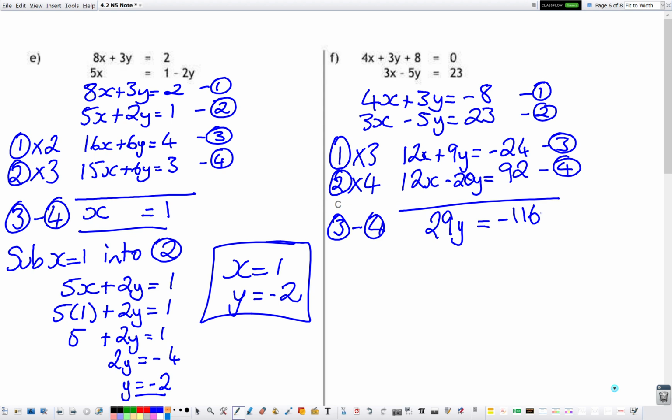Now, that looks slightly horrible. It's actually not. 116 is in the 29 times table. We just have to maybe add up in 29s to see how many times. It will always, if we've done it right, go into a nice whole number. So 29 times 2, so 29 plus 29, that's going to be 58. If you add another 29 to 58, that's going to be 87.